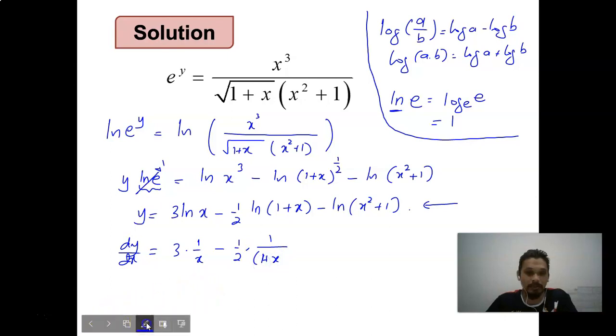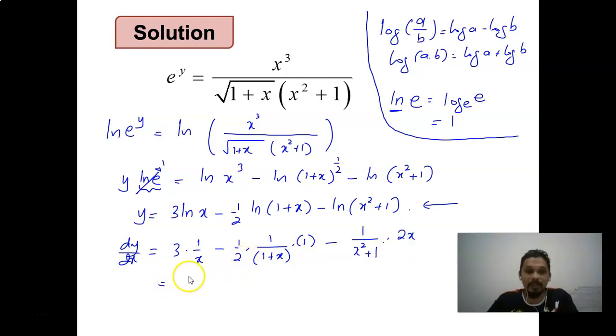Again, 1 plus x. Don't forget to differentiate 1 plus x, the function inside; differentiating 1 plus x gives you 1. Minus differentiate ln of x squared plus 1, and don't forget to differentiate x squared plus 1, which gives you 2x.